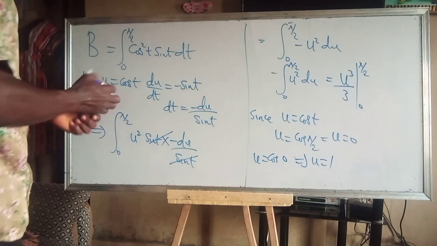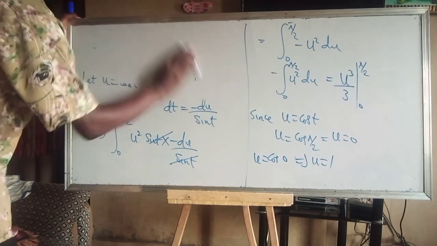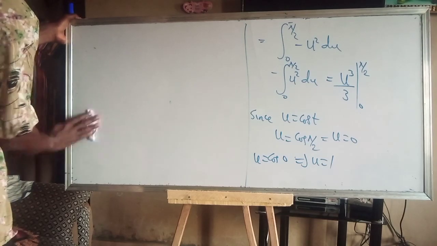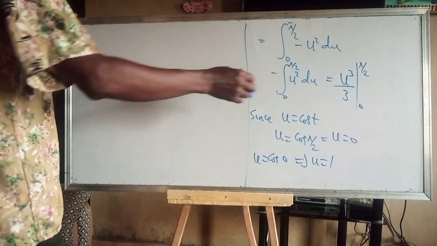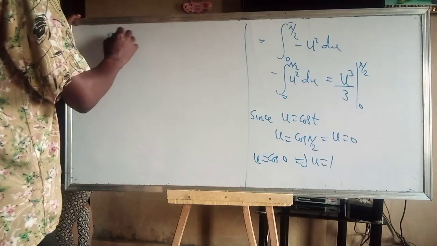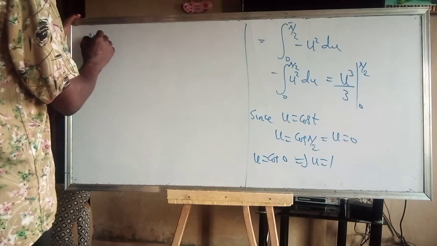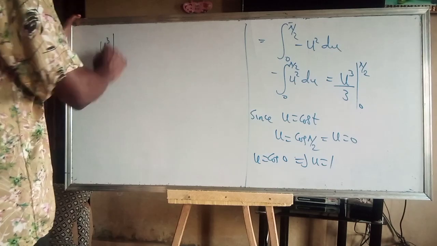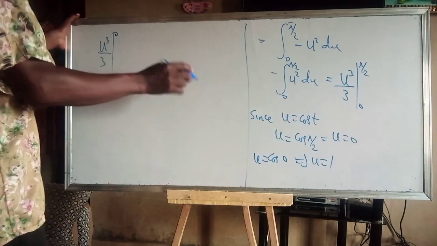Okay, now let's put those values there. We have u cubed all over 3. Pi over 2 gave us 0, and this other one gave us 1.